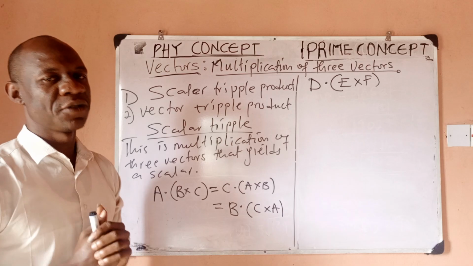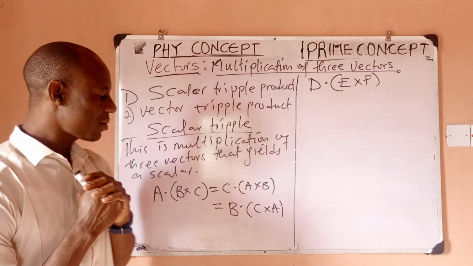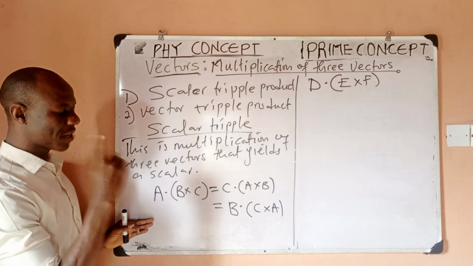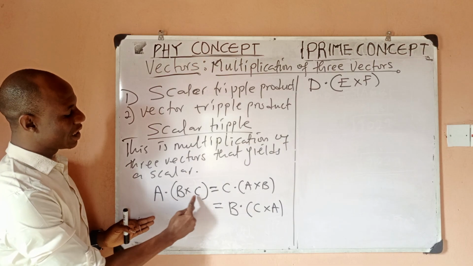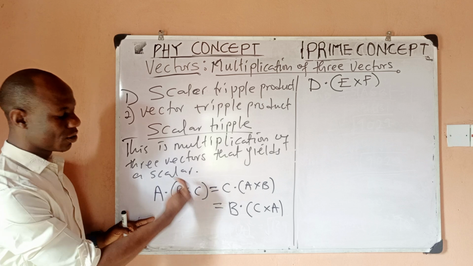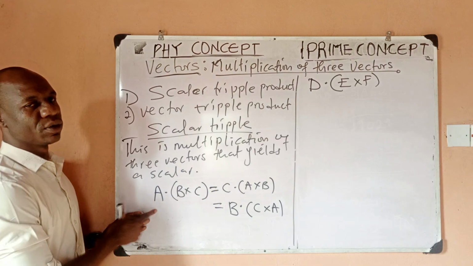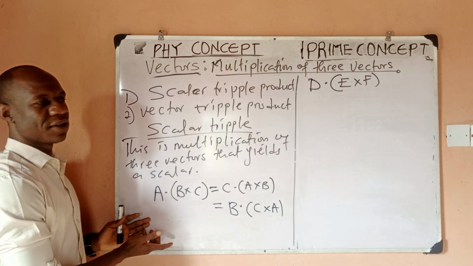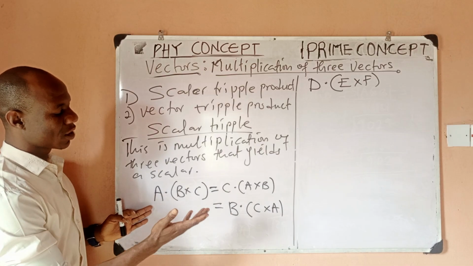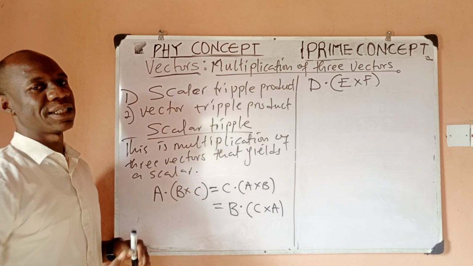And how do we solve it? It's very simple. One of the ways we can solve problems like this is to first find B cross C. When you find B cross C, you then use that answer to dot with A, right? But that is very long. An easy way to solve this is to use the determinant method.